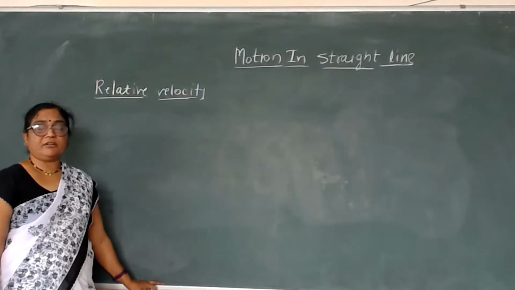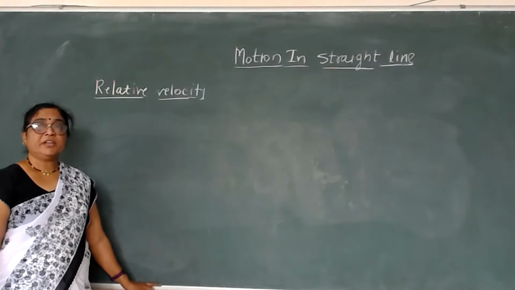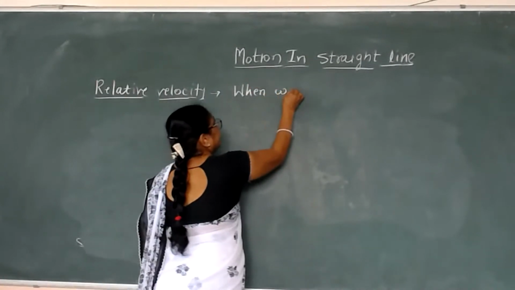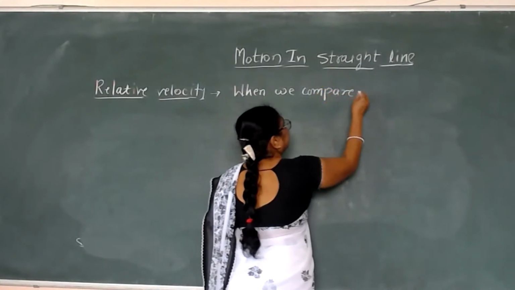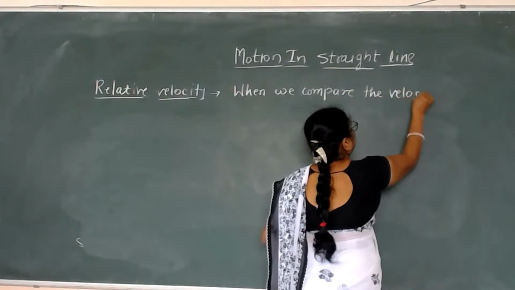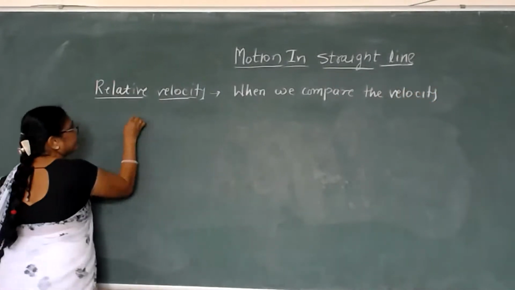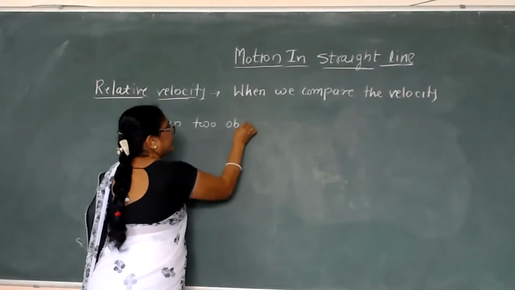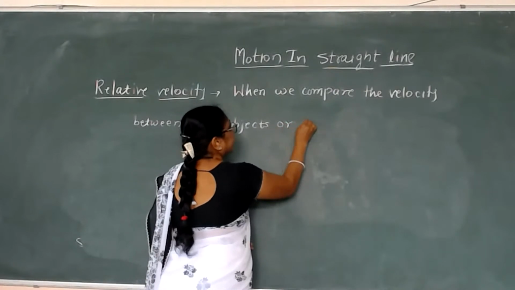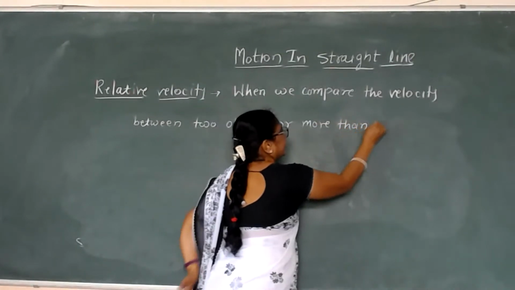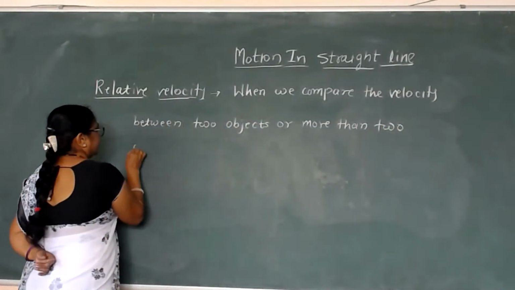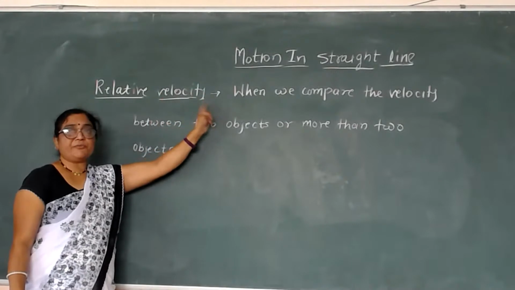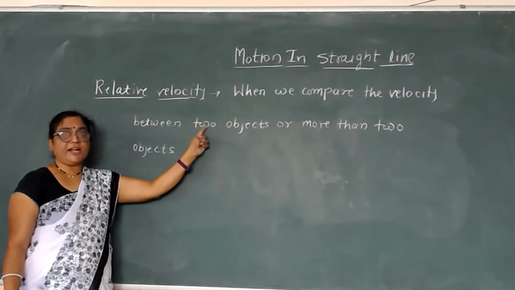When we compare the velocity between two objects, or more than two objects, it is known as relative velocity.